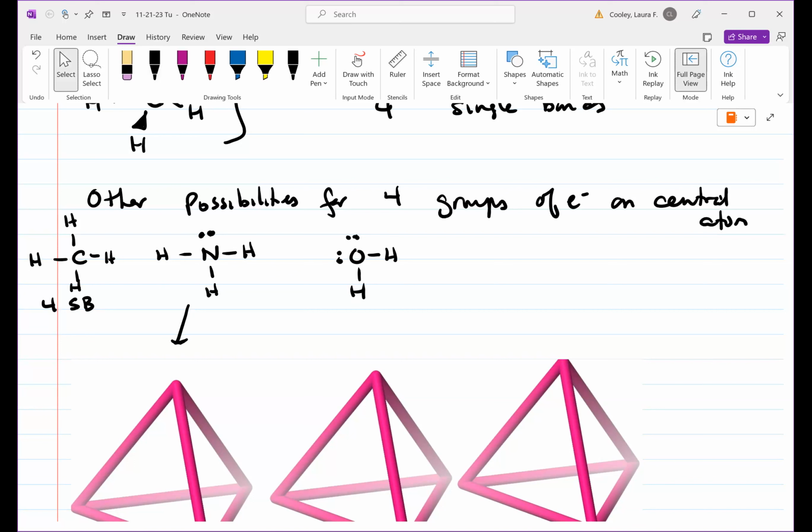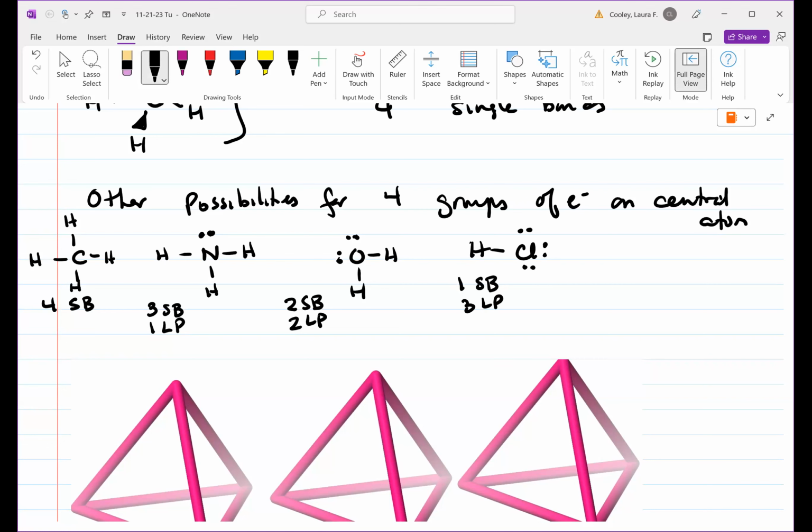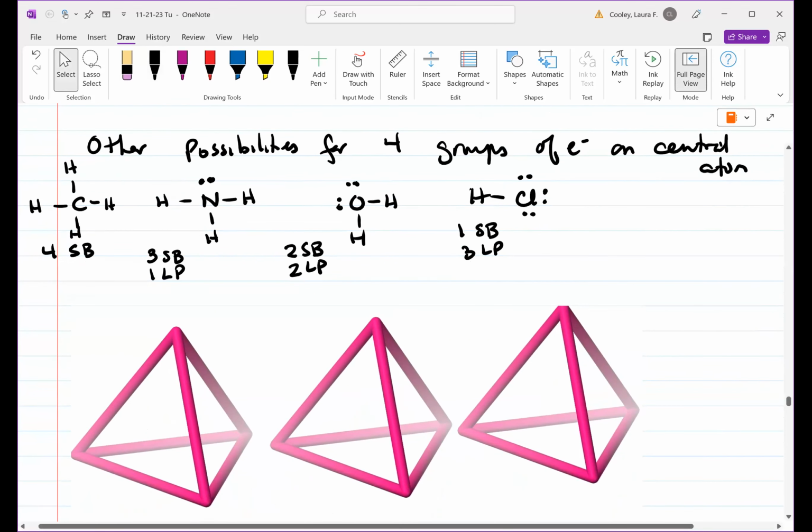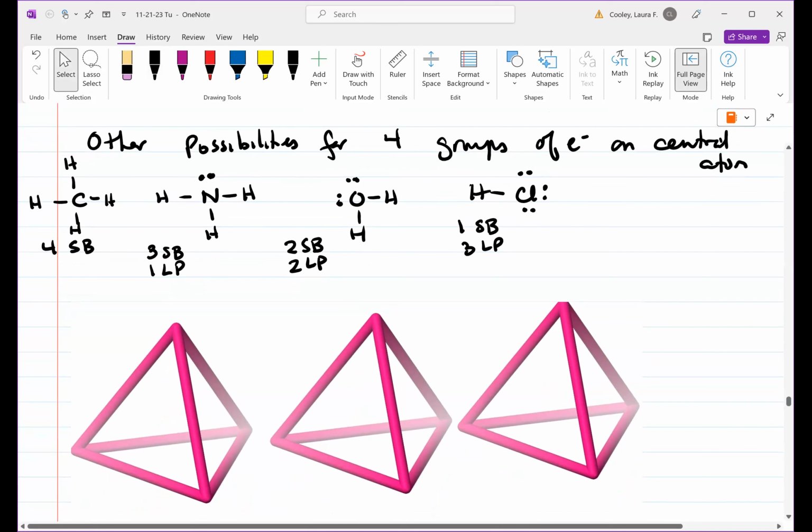In the NH3 example, we have 3 single bonds and 1 lone pair. And then we could also have HCl, for example, with one single bond and 3 lone pairs. And they all have the same overall geometry as determined by those 4 electron groups.